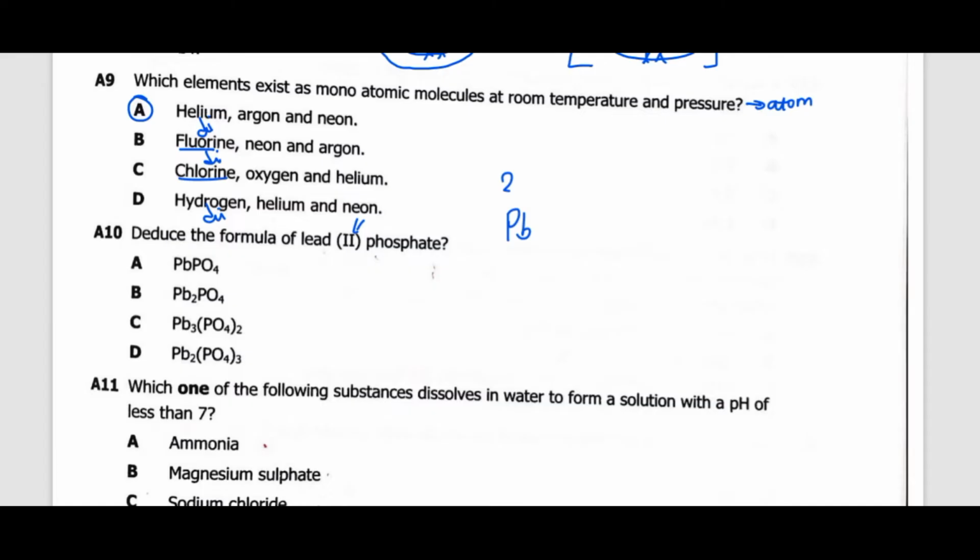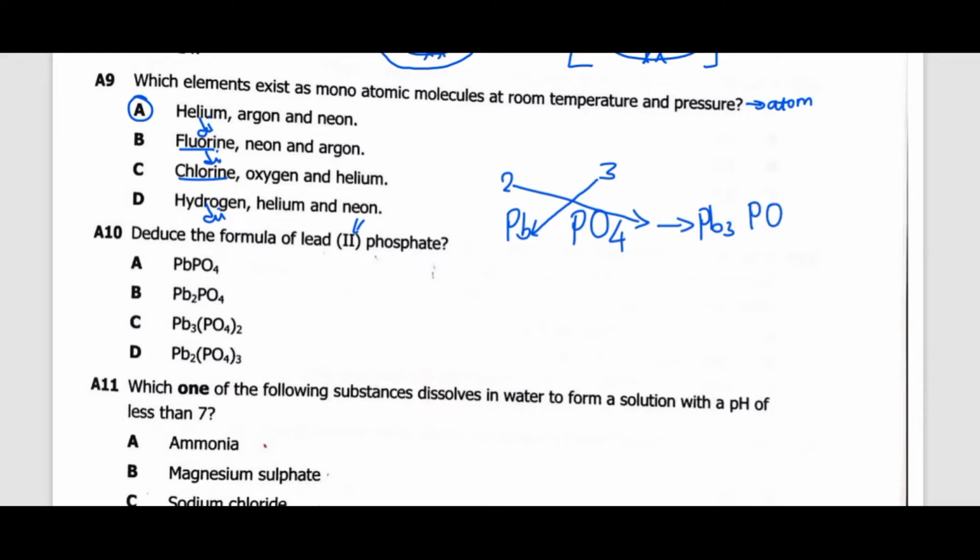The chemical formula for phosphate is PO4, but the valency is 3. Now we can see that these 2 numbers are not the same, so we'll use the crisscross method, where the 3 will come here. So we are going to have 3 atoms of lead reacting with the 2 radicals of phosphate.